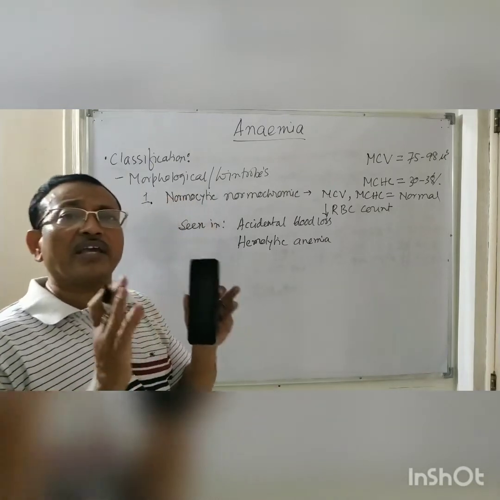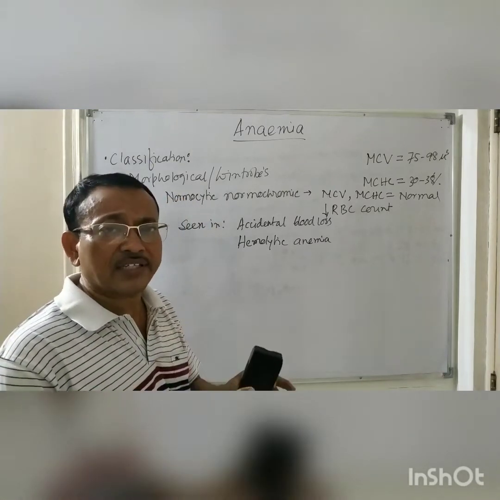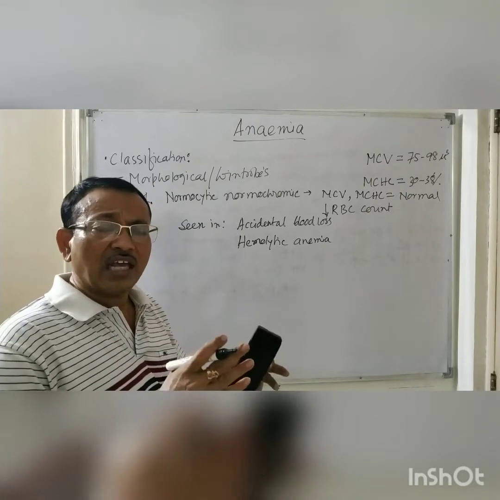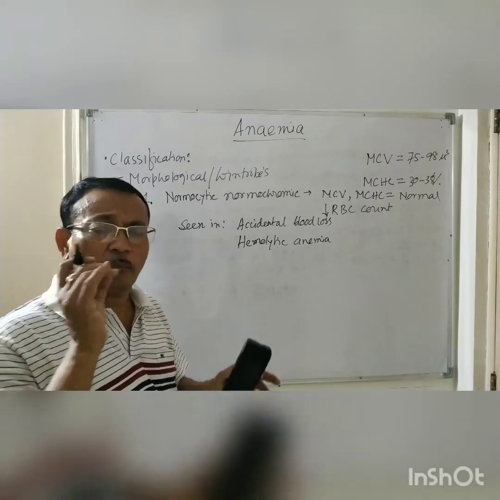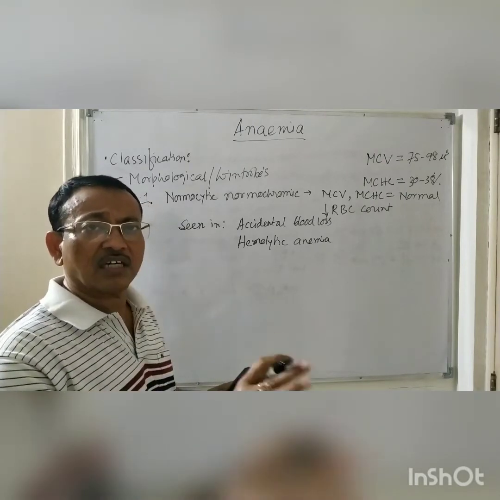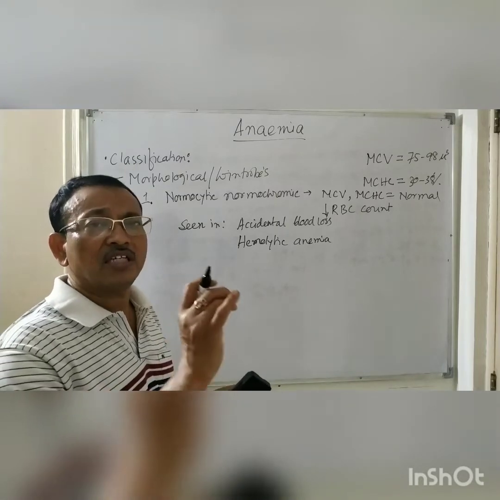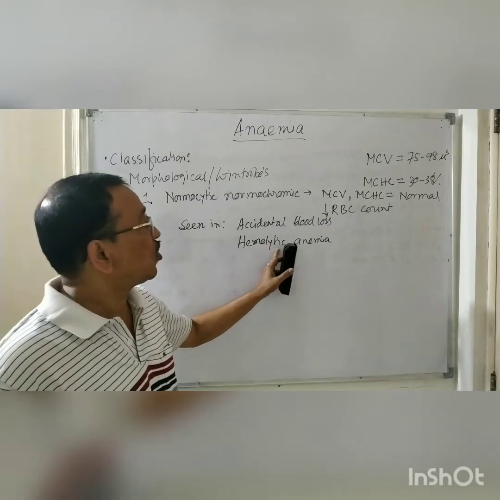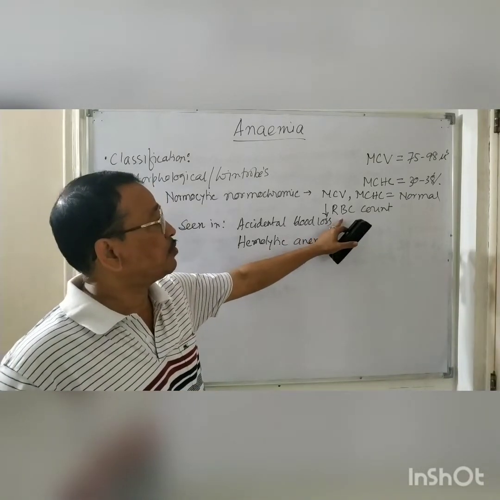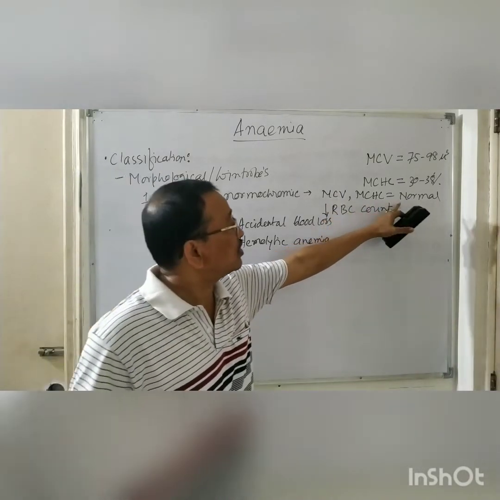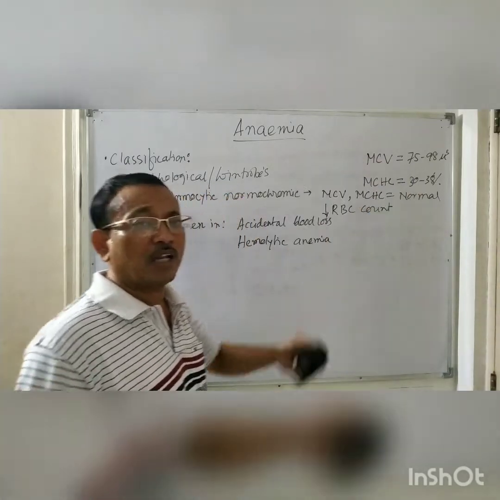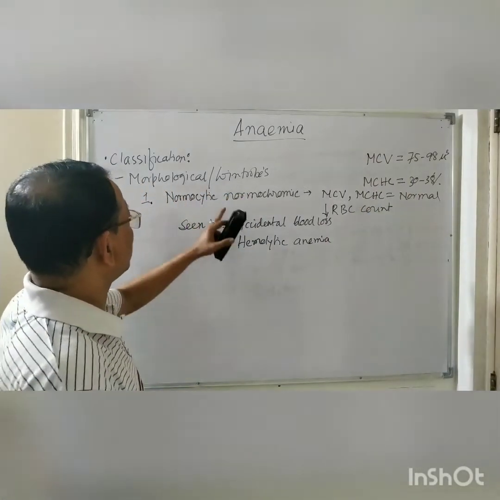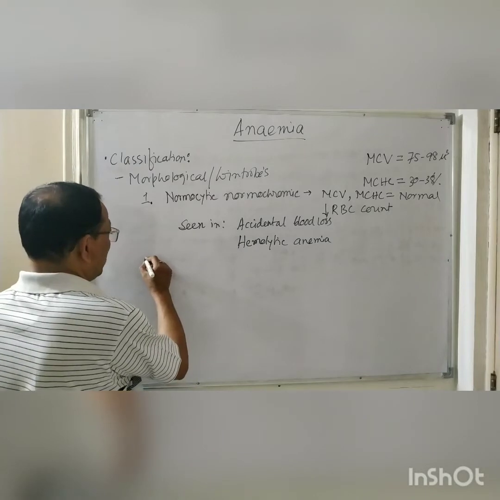Due to this, if hemolysis of the RBC takes place very quickly and RBC production cannot compensate for the RBC lysis or breakdown, then that type of anemia is known as hemolytic anemia. In such a case, RBC count will be low, but both of these parameters are normal. So this is the first type of anemia, known as normocytic normochromic.